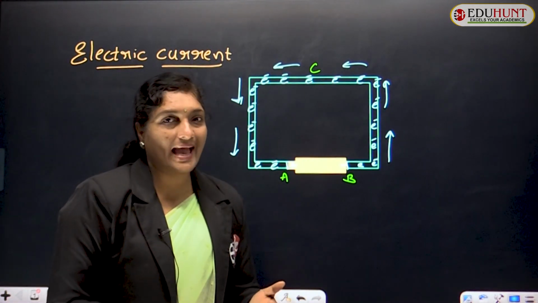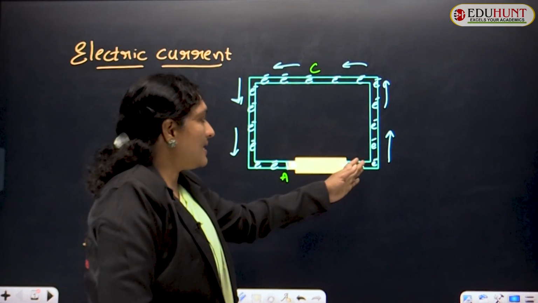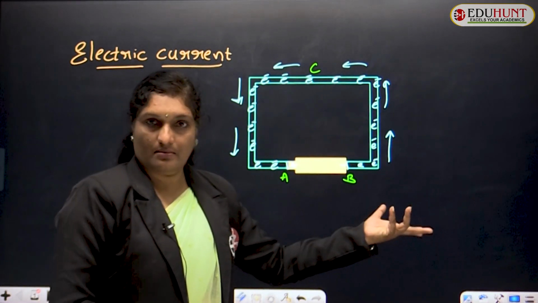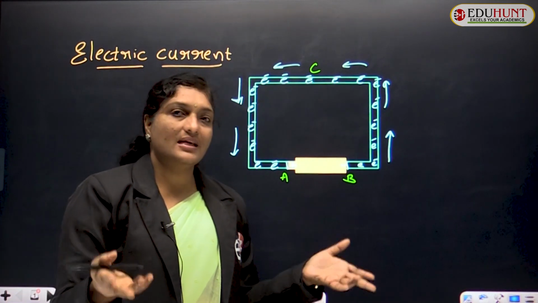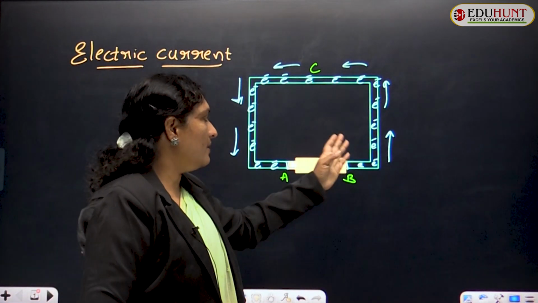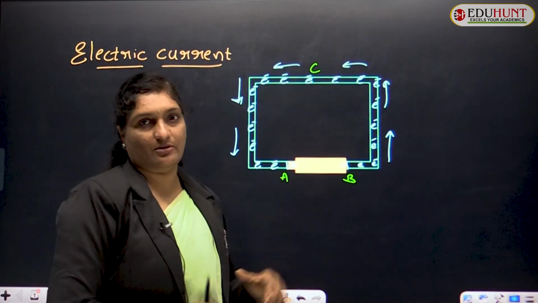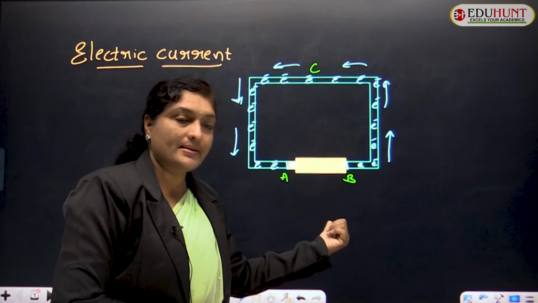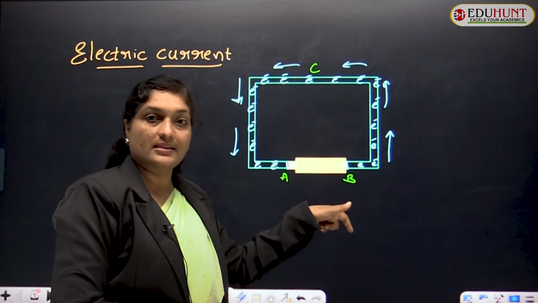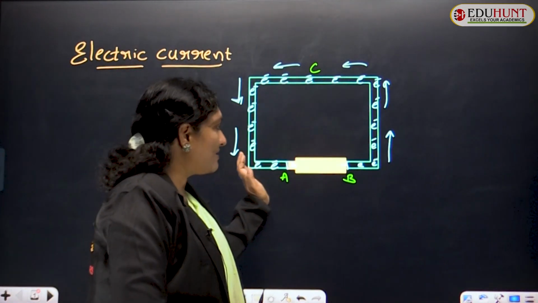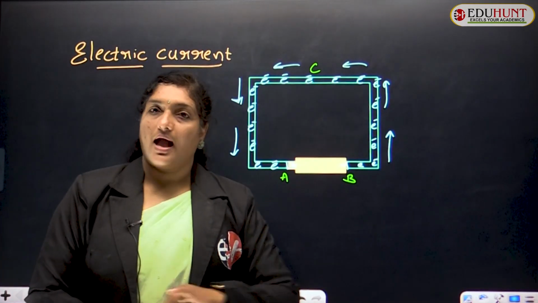So what makes it actually happen? Inside the metal, there are a large number of free electrons. So these electrons always travel from the negative part to the positive part. Inside the cell, because of the reactions inside the cell, these electrons are again driven to the other side.